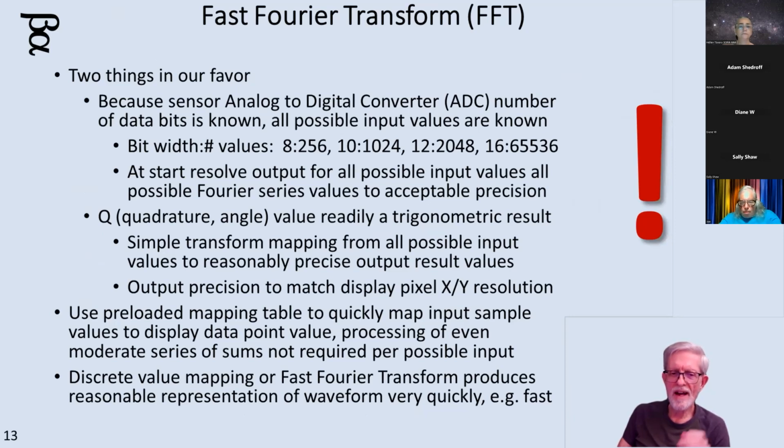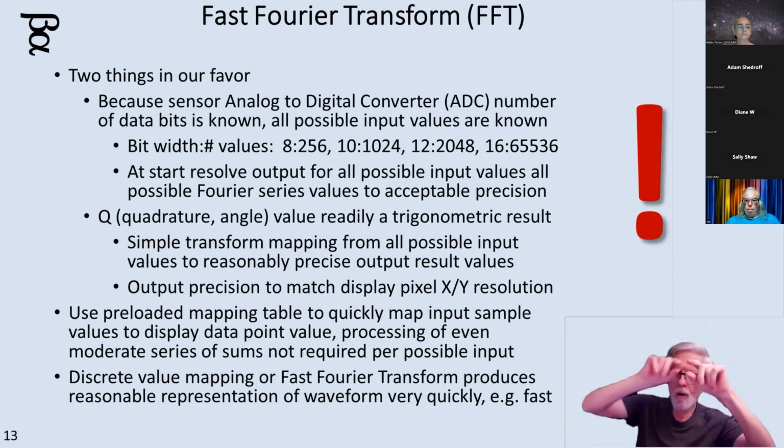So if I know my sensor that's collecting the data is, let's say, 8 bits wide, I know that the maximum value is 255 and the minimum value is 0. So I know in advance all the possible input values. If I know all the possible input values, before I ever start analyzing the data, I can create myself a matrix table of, if this is the input, and then I'll run out a really long fast Fourier transform and come up with the result number.